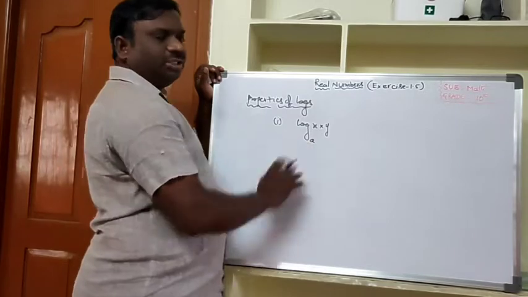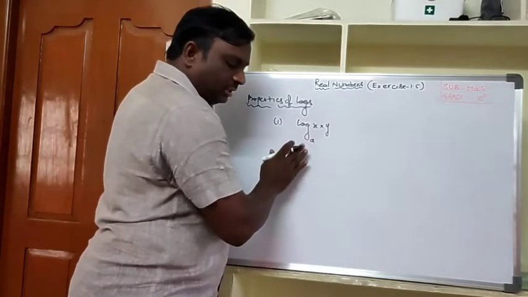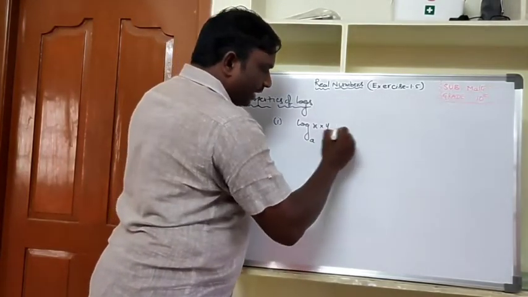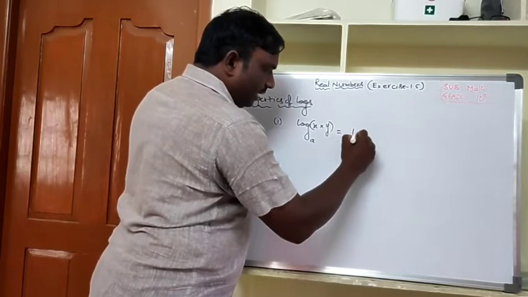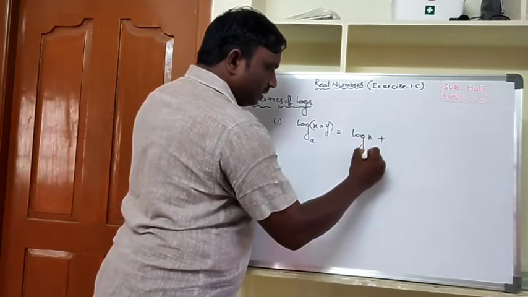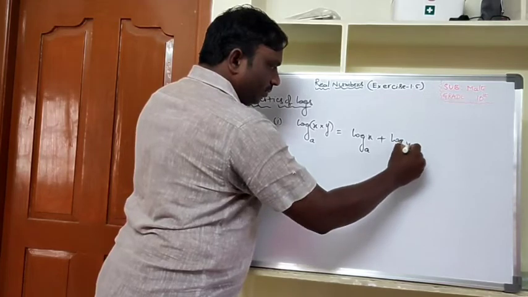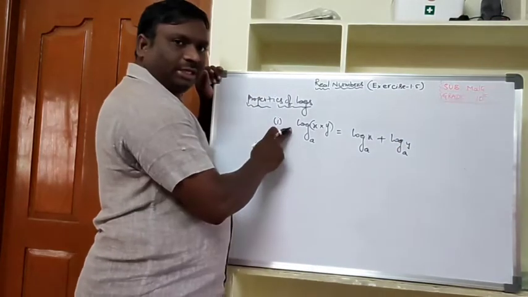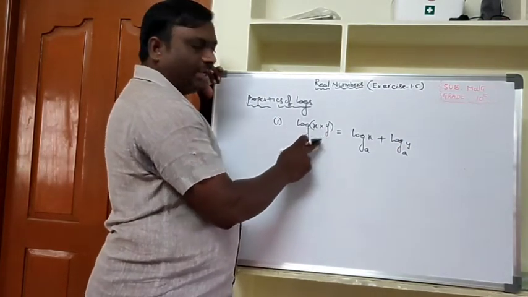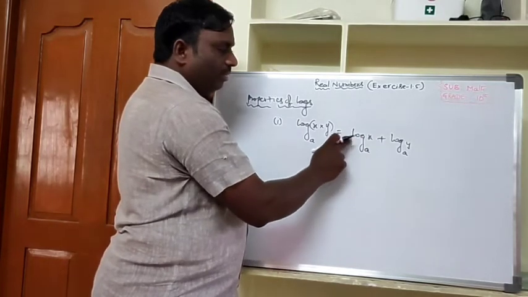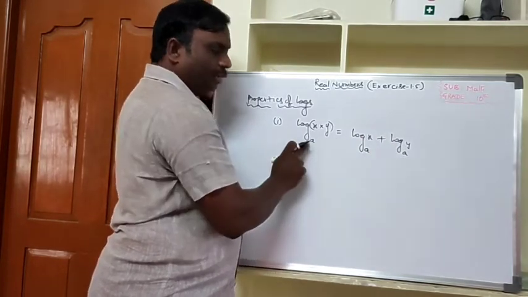If there is no base, we can take it as 10. Simply I am taking A. Then we can write it as log x base A plus log y base A. So see here, log of x into y can be written as log x plus log y, with base A.